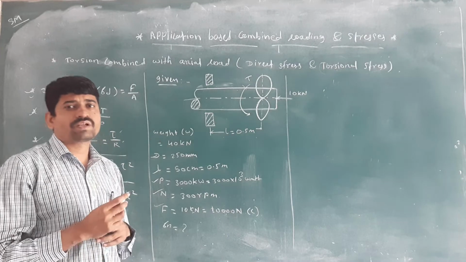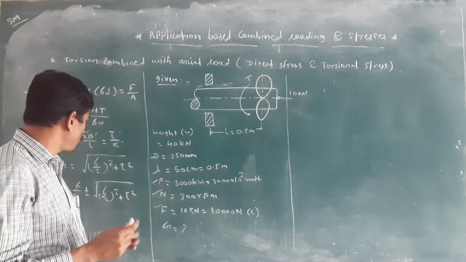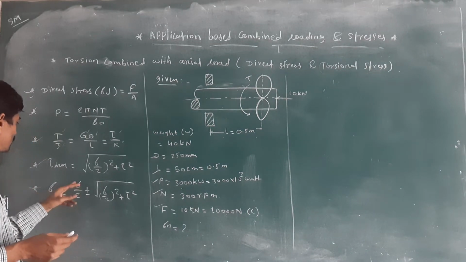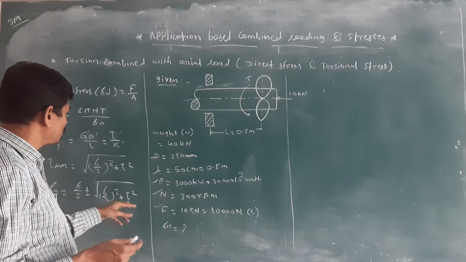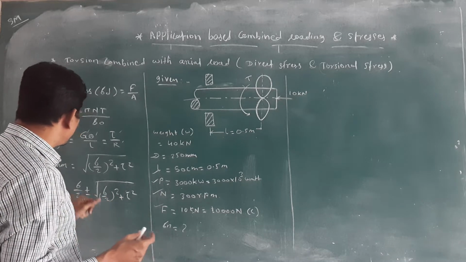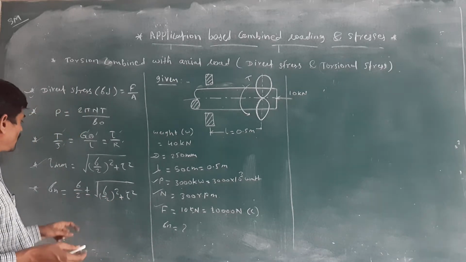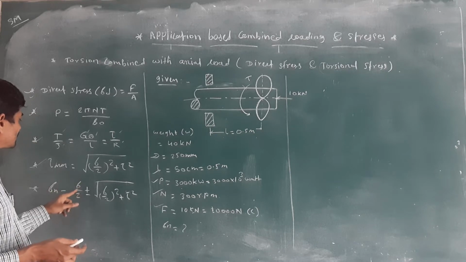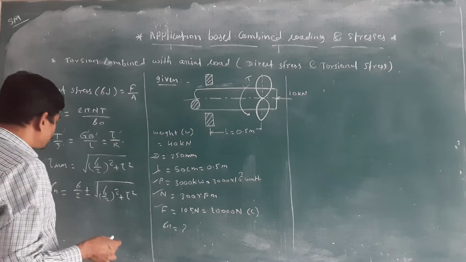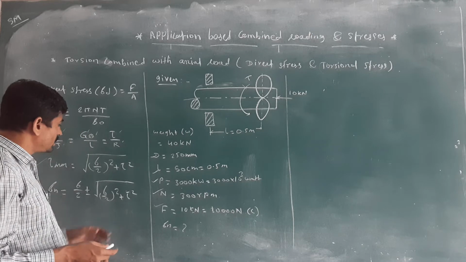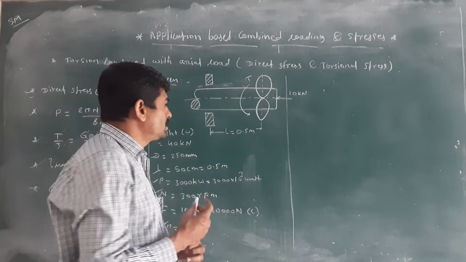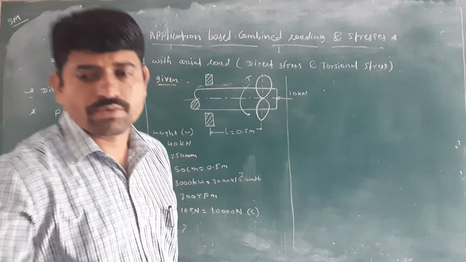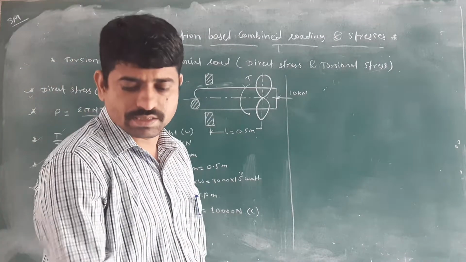Then how to calculate the principal stresses? You know the formula: sigma n is equal to sigma divided by 2 plus or minus root of (sigma by 2) whole square plus tau square. Here we want to calculate the direct stress as well as the shear stress, and then we will get the principal stresses.